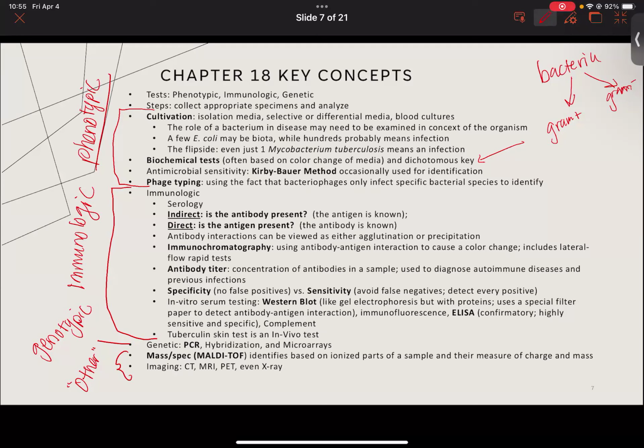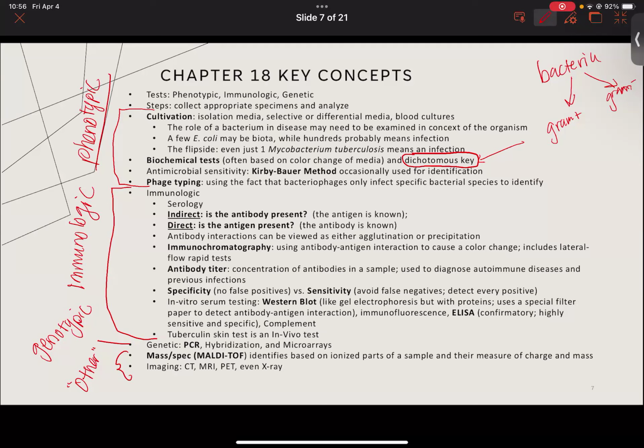Staphylococcus aureus. It's not just the fact that you turned mannitol salt agar yellow, but the fact that you were a gram positive coccus, grew on mannitol salt agar, and turned it yellow. All of those things play into that concept of the dichotomous key. You may be thinking about these things and using them in the process without actually referring to a physical dichotomous key.